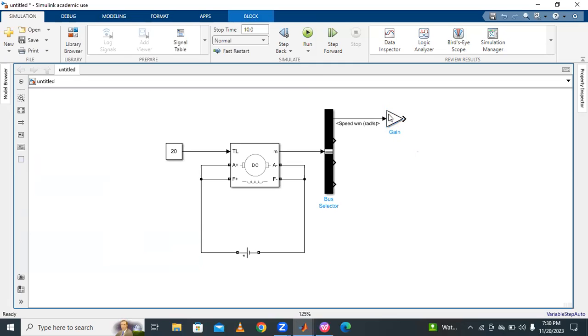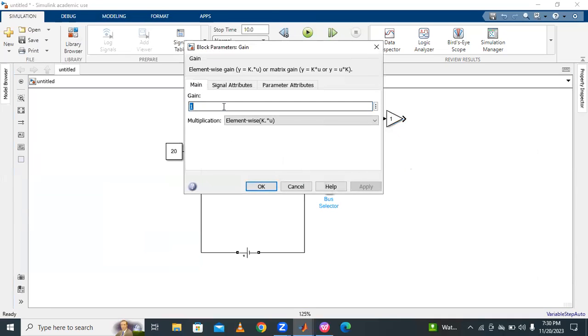Open the gain. Here 60 divided by 2 pi is the radians to RPM conversion.